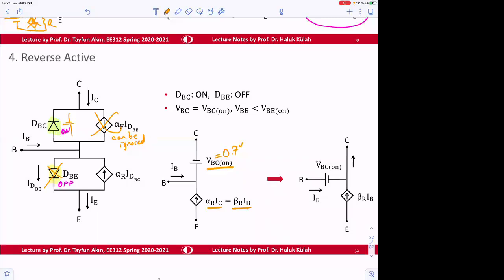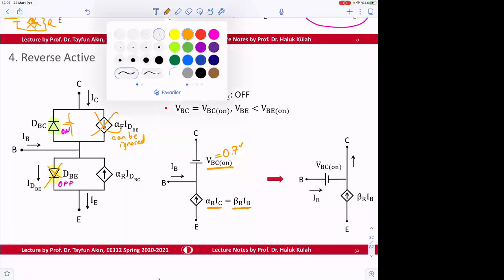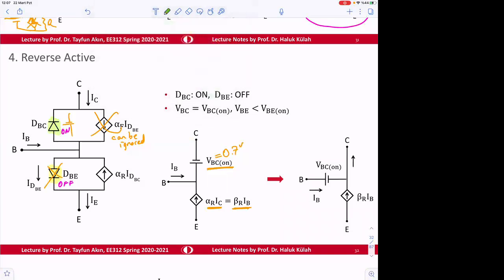So for practical purposes, we like to move this to here. And if we move that to here, nothing will change. And the voltage here is going to be like this now. Current and voltage 0.7 volts.